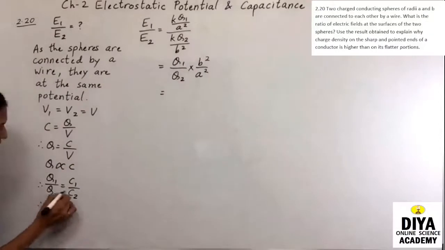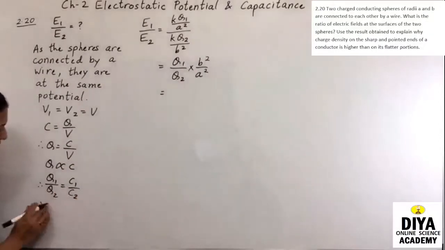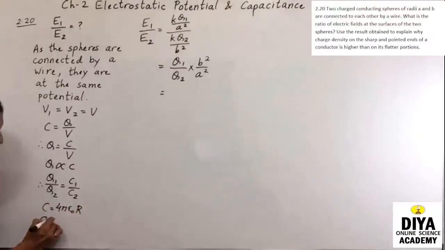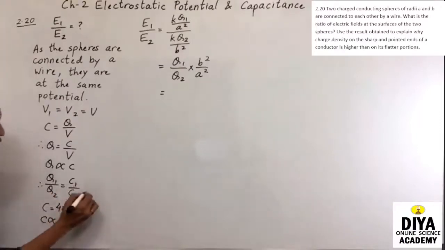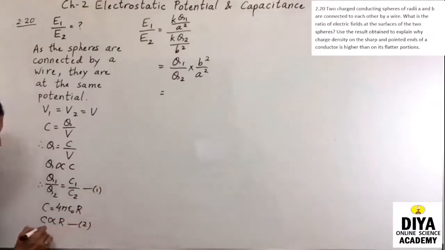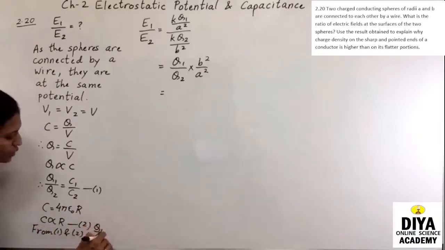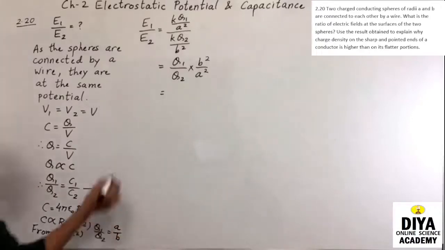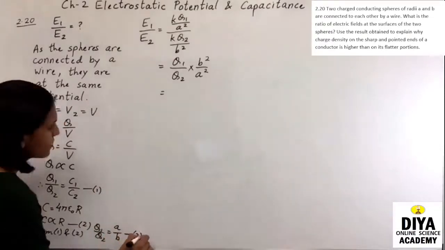Now as these are spheres, we know that C equals 4 pi epsilon 0 r. That means C is proportional to radius r. So here we can write, from 1 and 2, Q1 by Q2 equals A by B. This can be utilized over there.